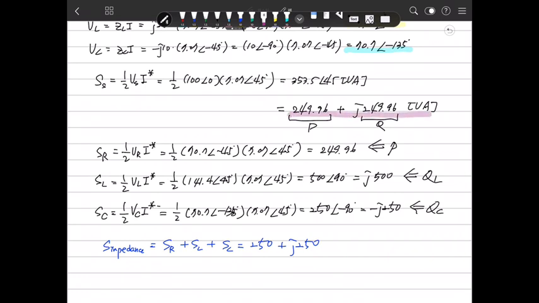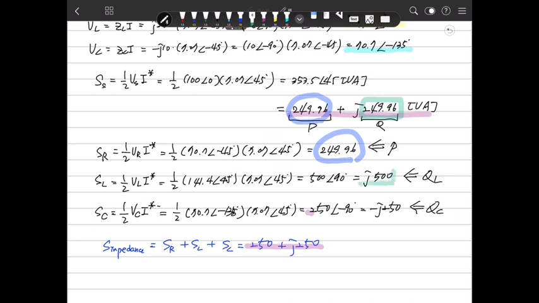They are the same because this is conjugate. I want to show you something here. Actually, active power is supplied from the source, and it is consumed in the resistor. That's okay. But actually, the reactive power supplied by the source is 250.